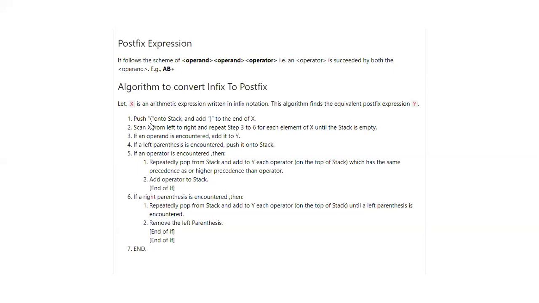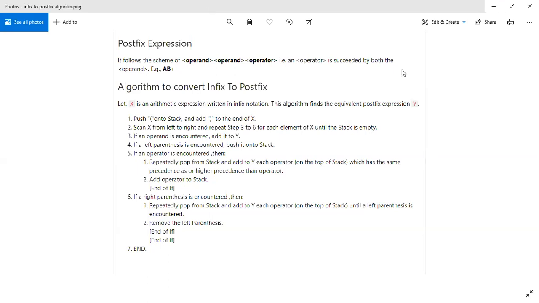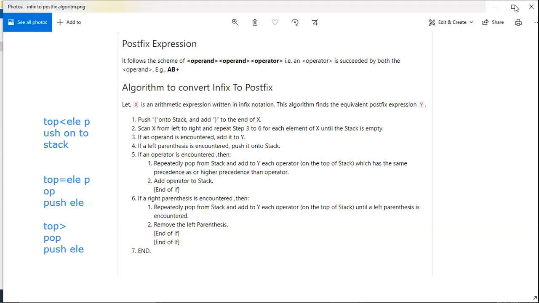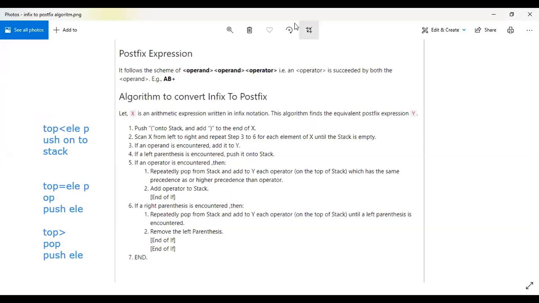So now the first step is to push left parenthesis on the stack and add right parenthesis to the end of the expression X. That is, he is converting the whole arithmetic expression and bringing it into one part known as left and right braces.